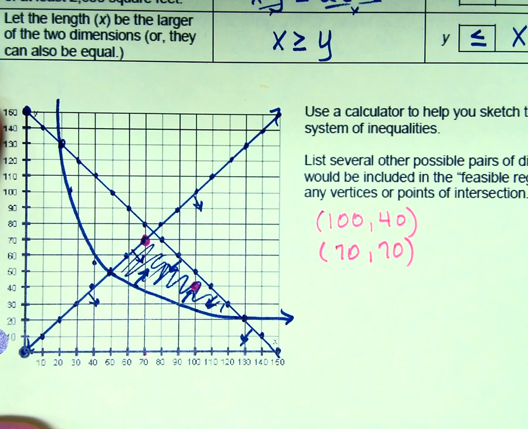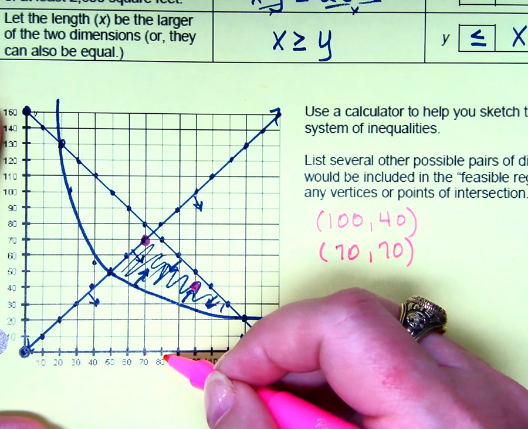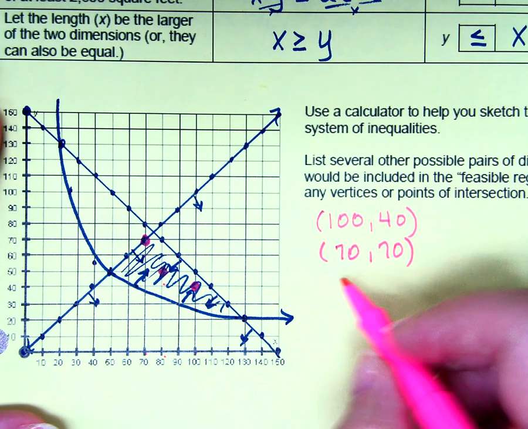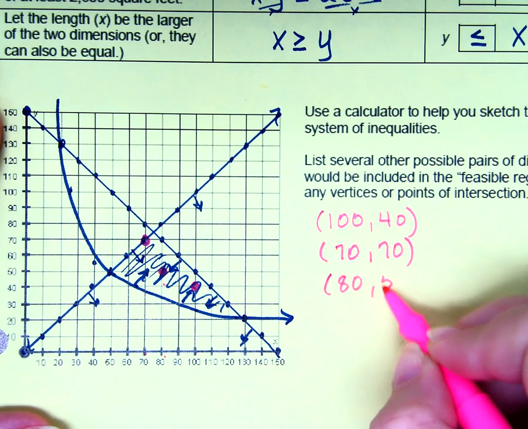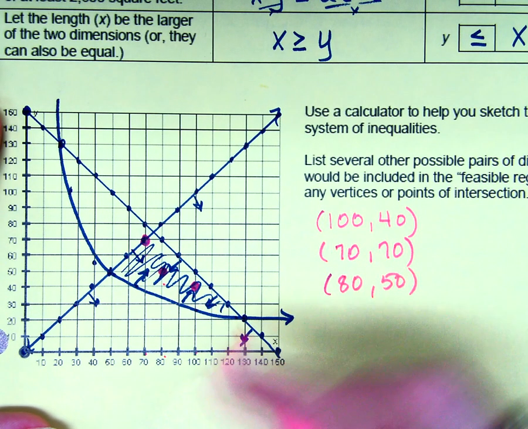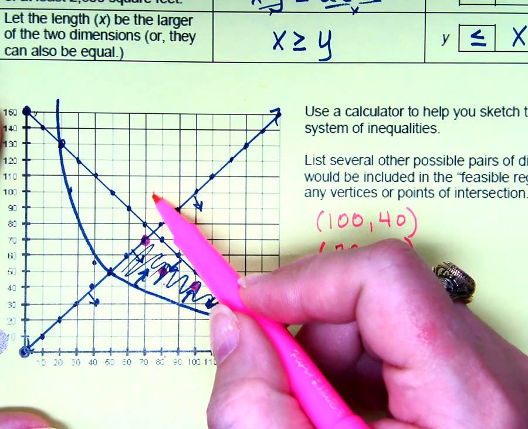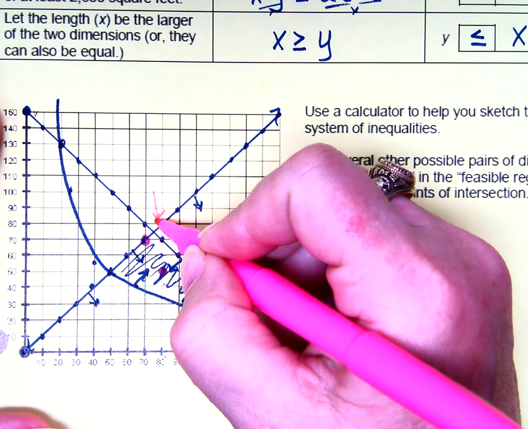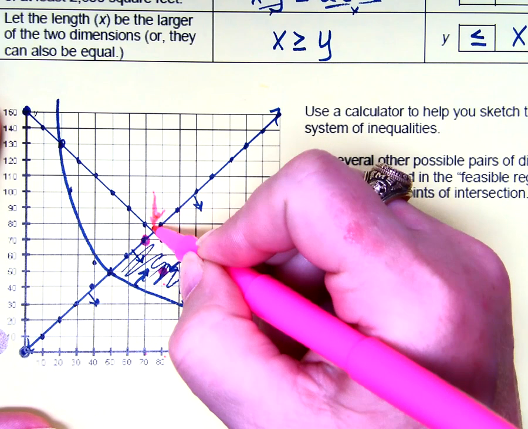What else we have? 80, 50. Does that one work? You guys okay with that one? Yeah. What point is that right there? I did a terrible arrow. I want to know this point right there.